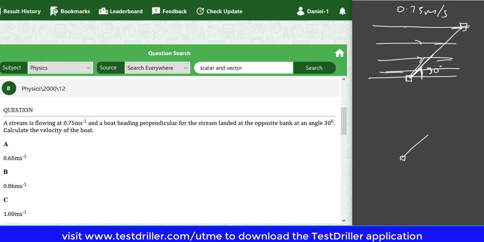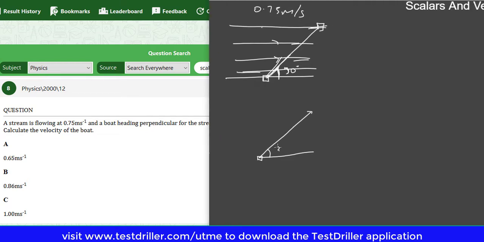Then there's the path taken by the boat, and this is the angle formed, 30 degrees here, and the speed of the stream is 0.75 meter per second. And the question is, what's the speed or the velocity of the boat as it traveled through the stream?